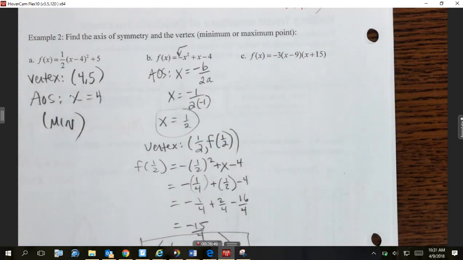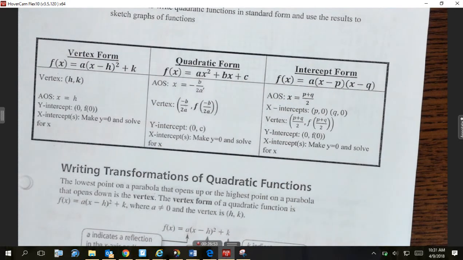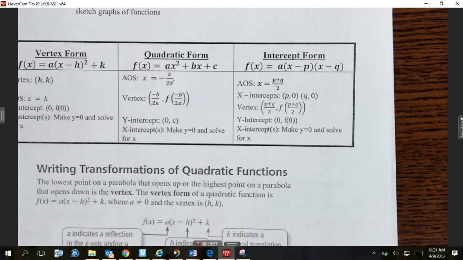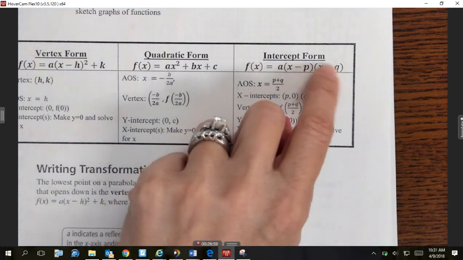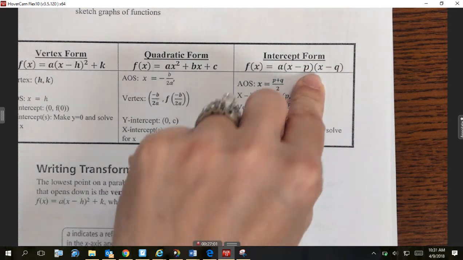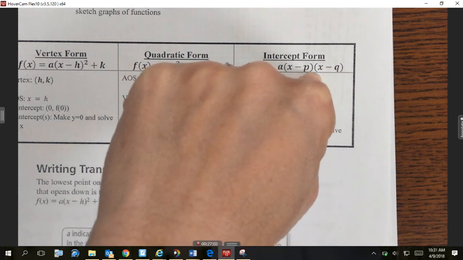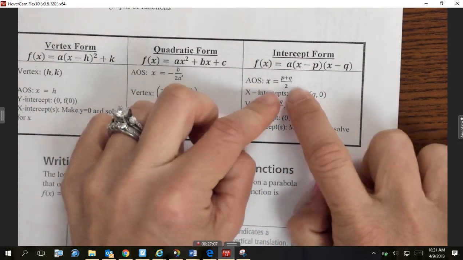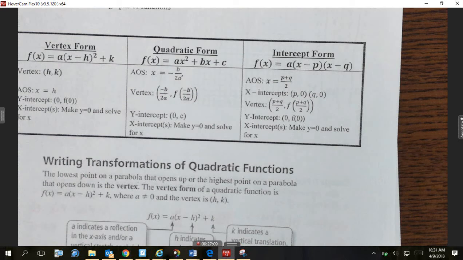C is the third form, which we are going to use a lot in this chapter, especially with those big ones that I've been talking about. It's intercept form, where we have it factored, and each of the factors will give us one of the x-intercepts. So you're going to find your x-intercepts, and then average them, because once we have the x-intercepts, the middle is the axis of symmetry.